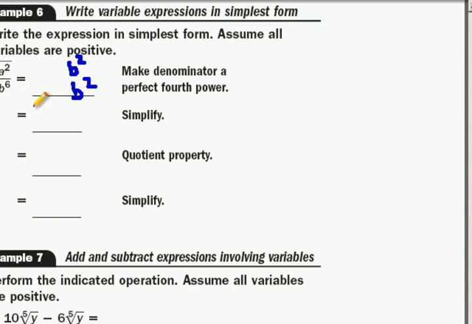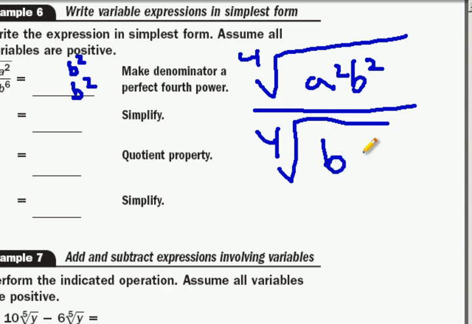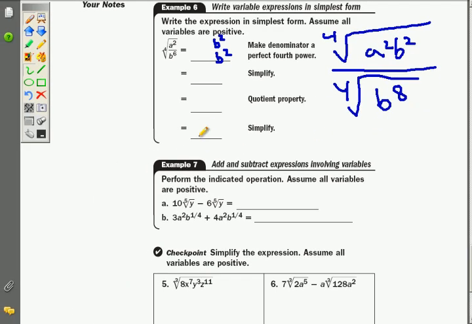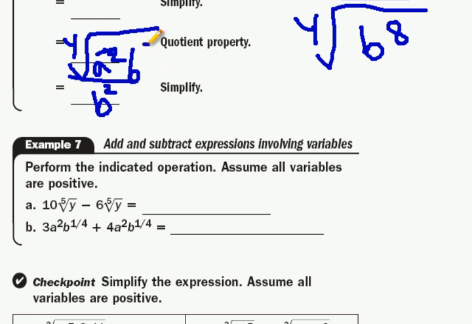So I'll end up with the 4th root, I'm going to do it over here so I have some more space, the 4th root of a squared b squared over the 4th root of b to the 8th power. And that was a trick I did so that the 8 divided by 4 would be b squared. So on the bottom I end up with b squared, and on the top I end up with the 4th root of a squared b squared.